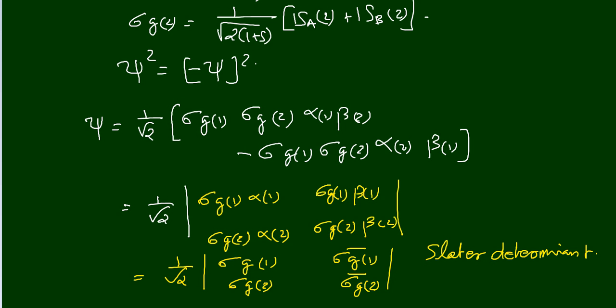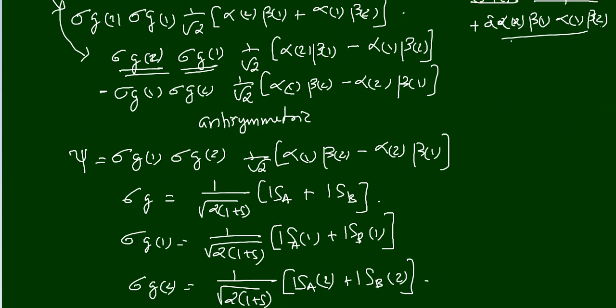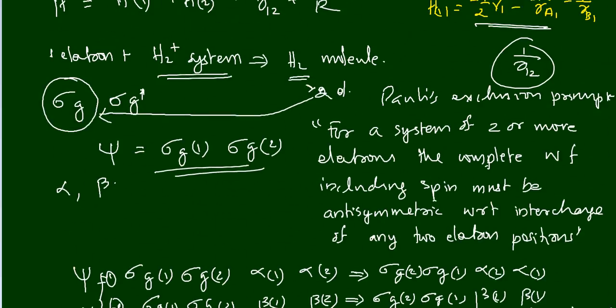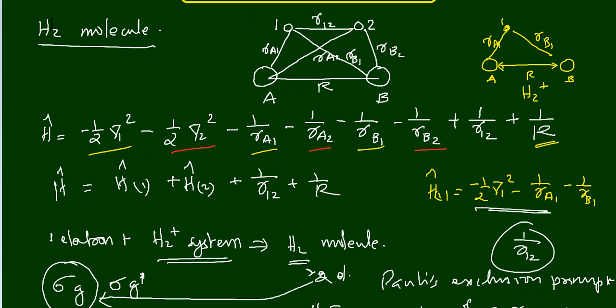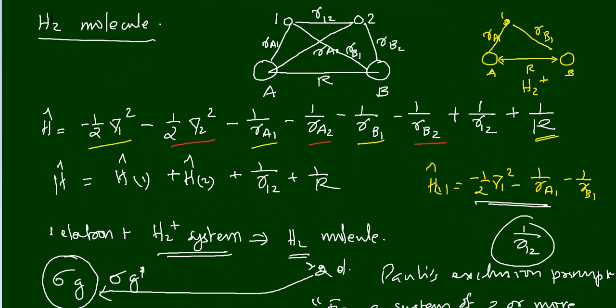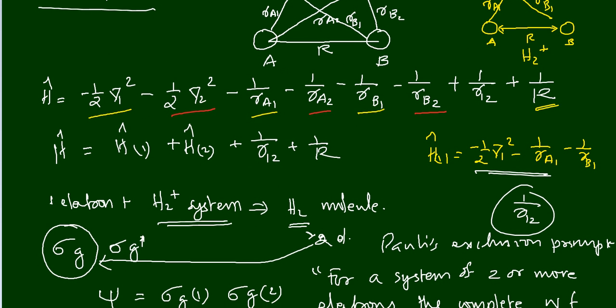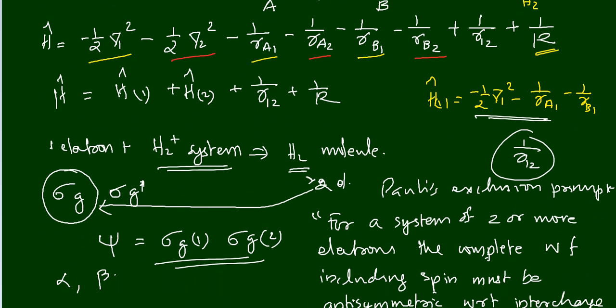Okay, so what we have done here is we just picturized the hydrogen molecule, and I said that hydrogen molecule is a 4-particle system. So this system is more complicated because it contains the interelectronic repulsions, and then we defined the Hamiltonian.